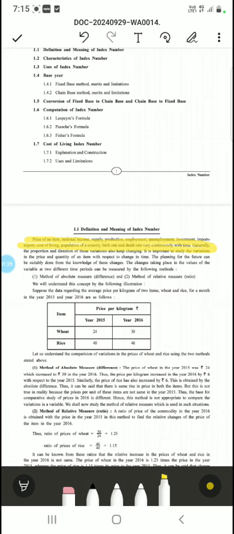Now the changes which are going to take place in a variable, like the population of the country, will change in one particular direction, so we need to understand in which direction it is changing and what kind of variation there is. We can study the variation in the price or the quantity of an item with the change in time.